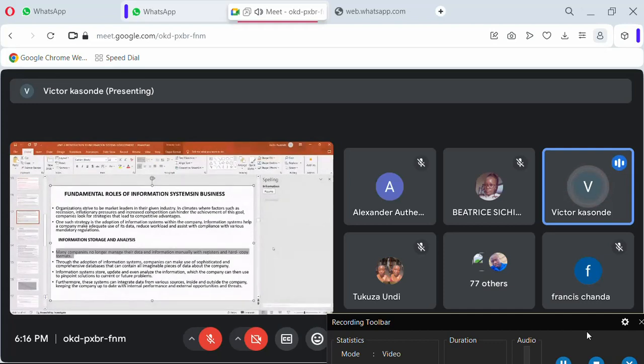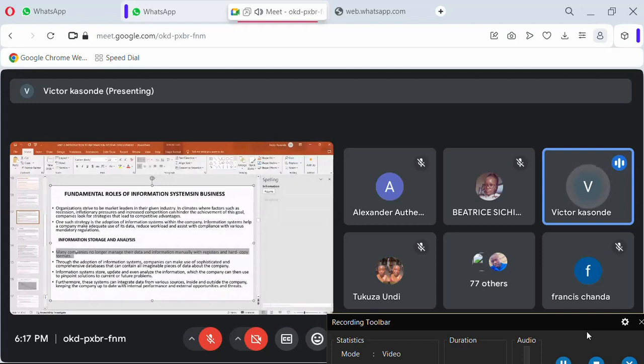But files, even now, some companies, even here at university, you find that some documents are stored like that. Even the registration is being done manually.